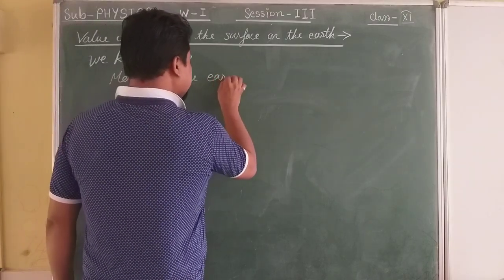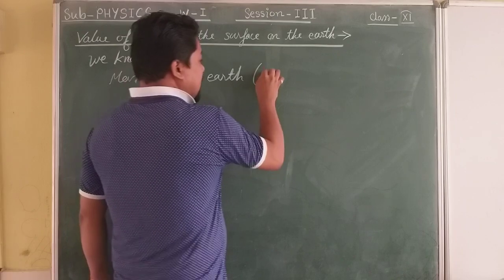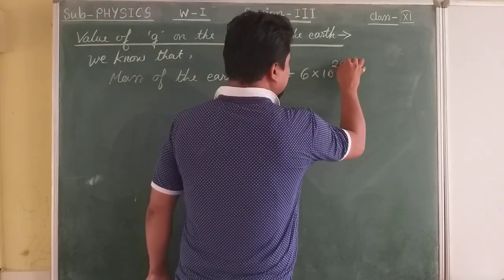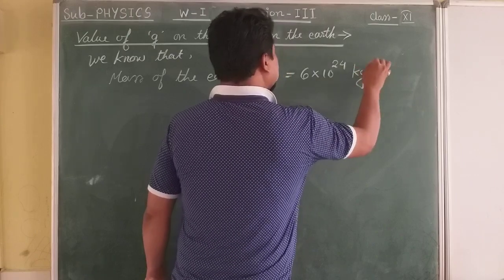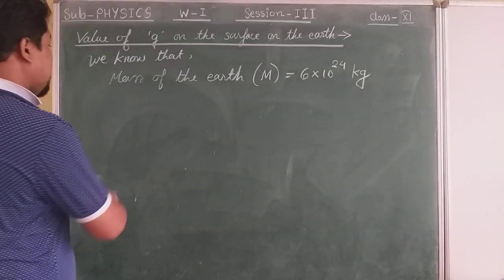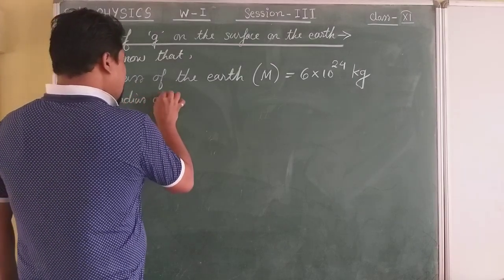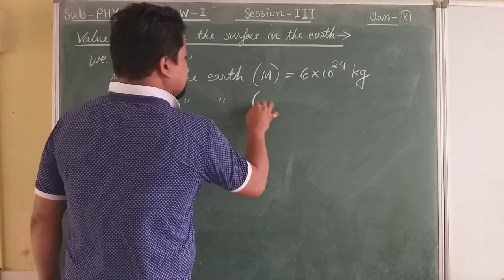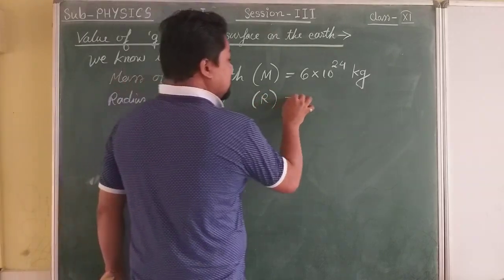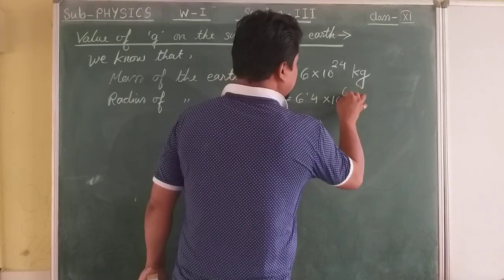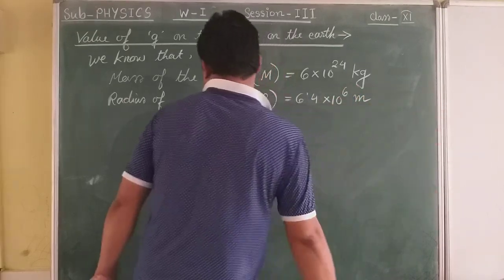The mass of the earth, capital M, is equal to 6 into 10 to the power 24 kg. Right? Radius of the earth, capital R, is equal to 6.4 into 10 to the power 6 meter.